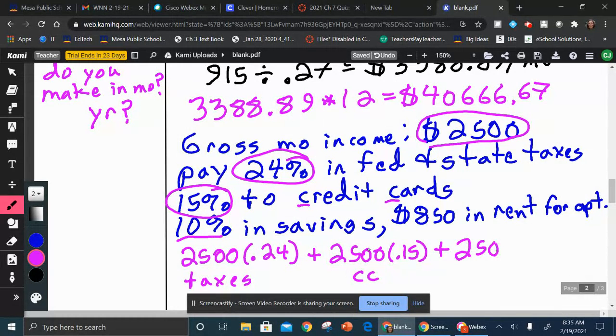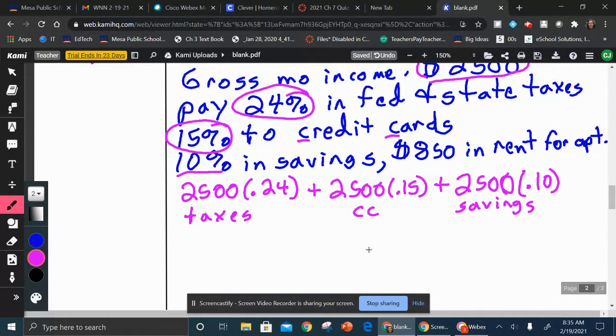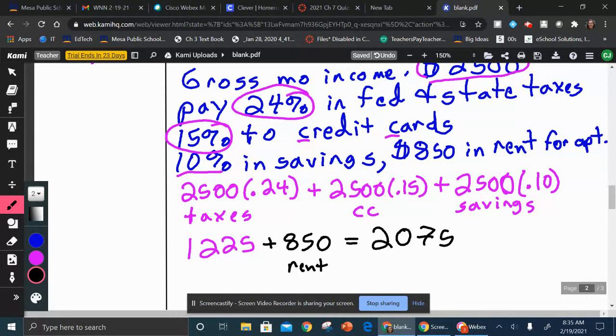You actually want to, if you can, do 10%. So we do all that, and I got 1,225. Plus the rent, so 2,075.